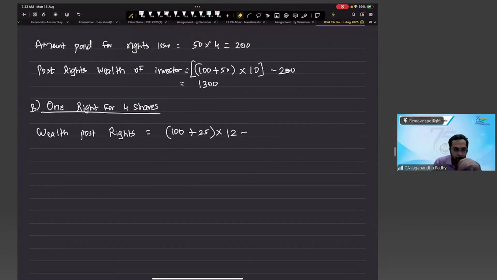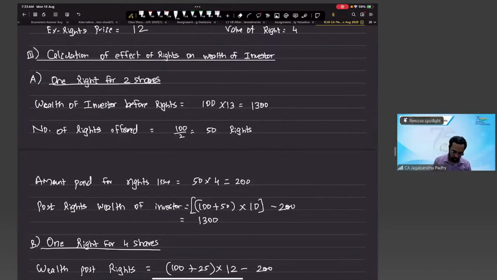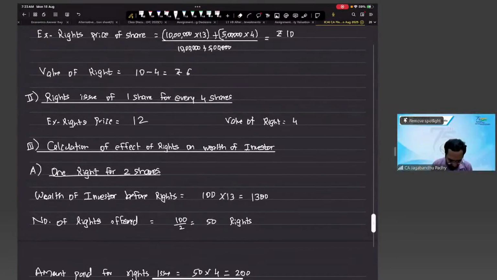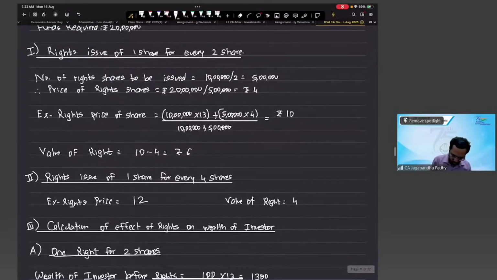And obviously you are paying how much to get this rights? X rights price is 12 and value of right is 4.